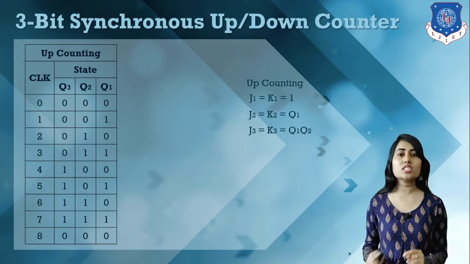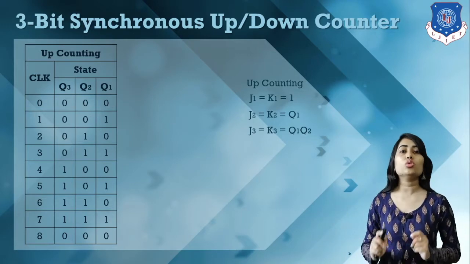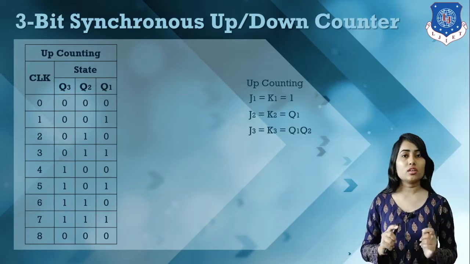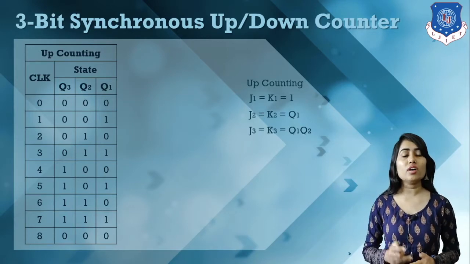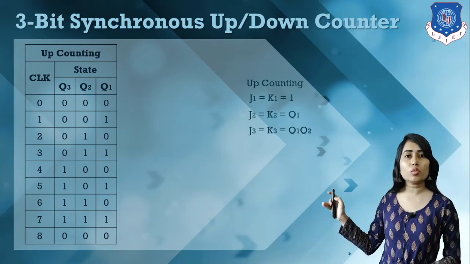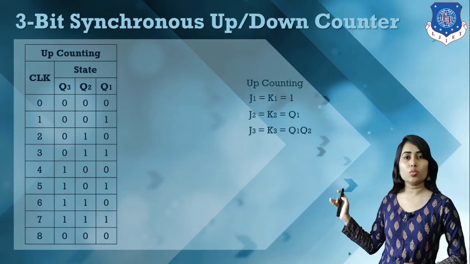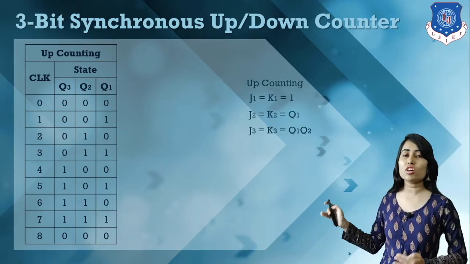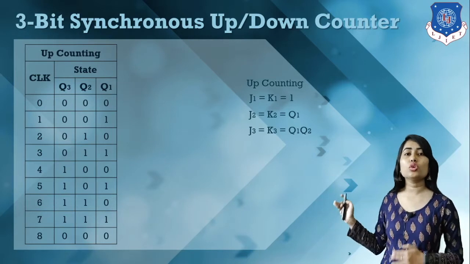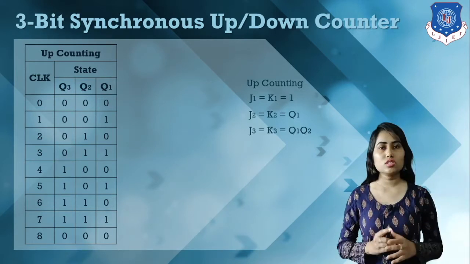So here we have the input combinations for up counting: J1 K1 is equal to 1, J2 K2 is equal to Q1, and J3 K3 is equal to Q1 into Q2. So this is for up counting.